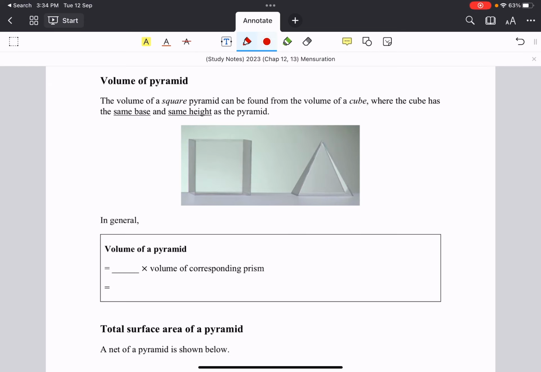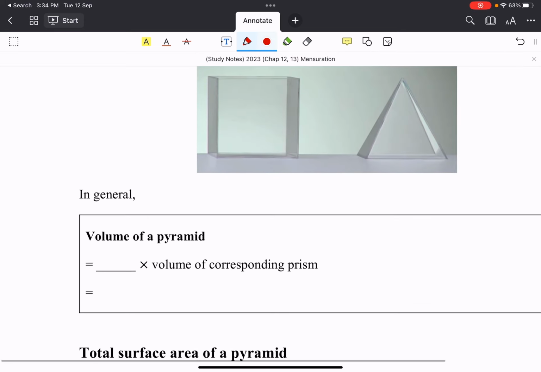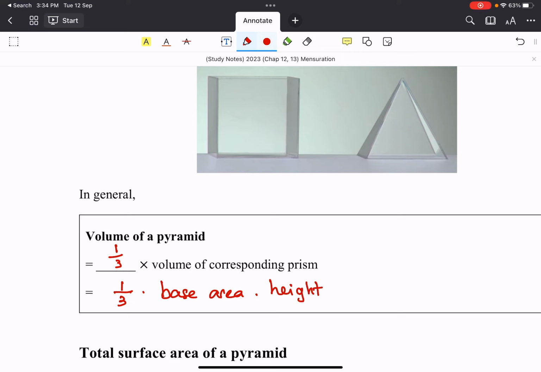We get the basic understanding first, and the proof later for those who are interested. So it's 1/3 of the volume of the corresponding prism. Since we know the volume of a prism is base area times height, the volume of a pyramid is 1/3 times base area times height.